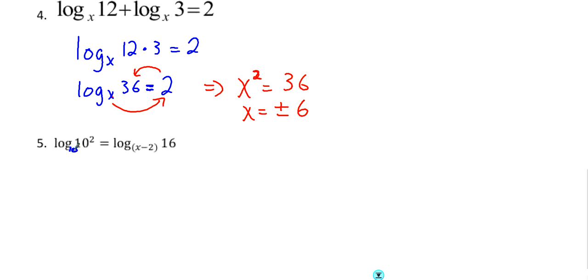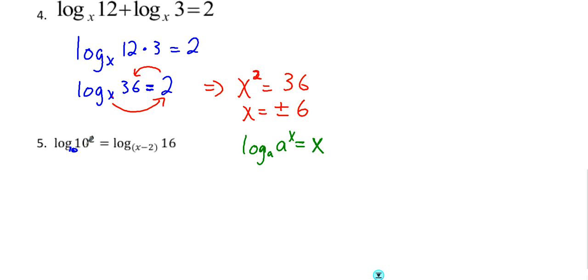But I can see right here, I have log base 10, 10 squared. Now, that's one of my identities. This right here is this identity: if you have log base a of a to the x, that equals x. That is one of our inverse identities.